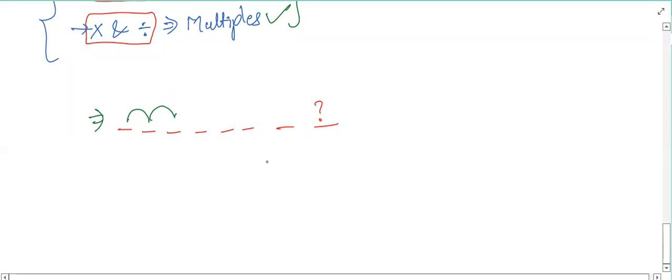Multiplication is nothing but repeated addition, so why repeat addition when one time we can simply take multiplication?